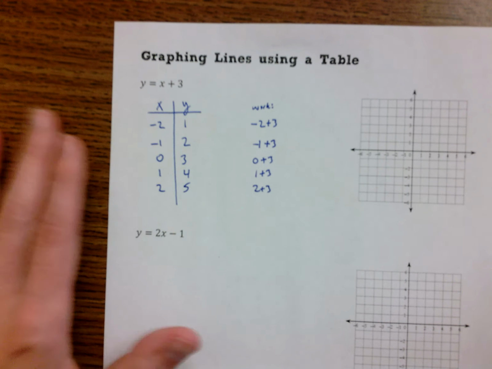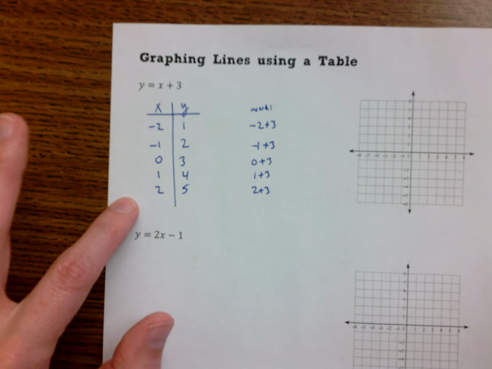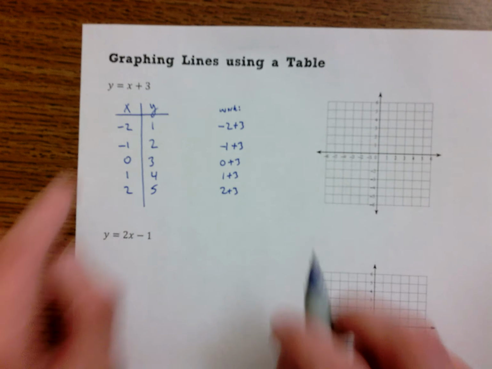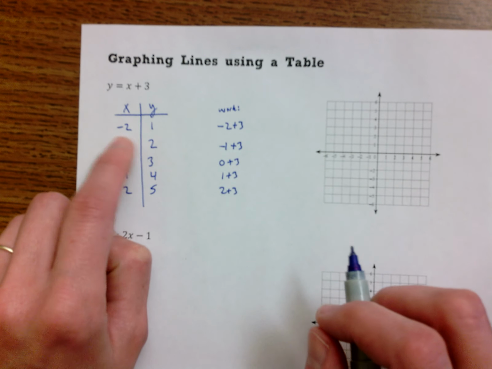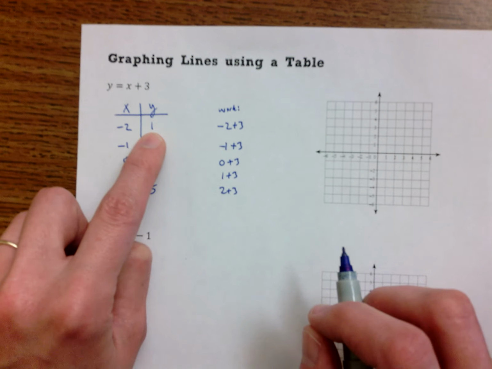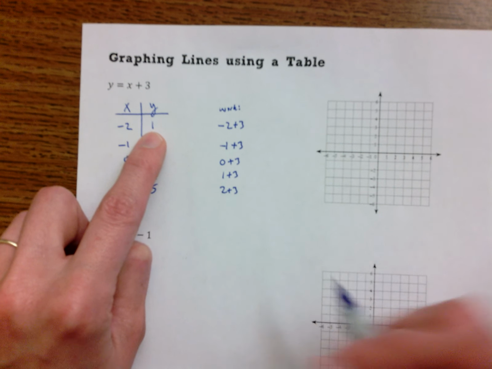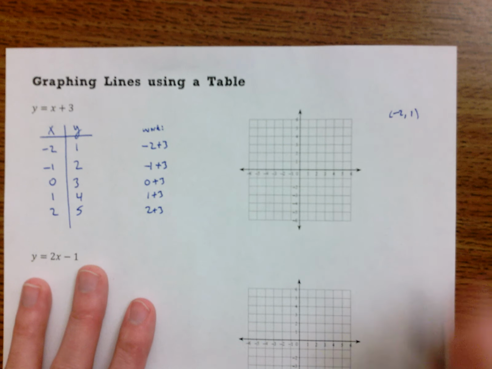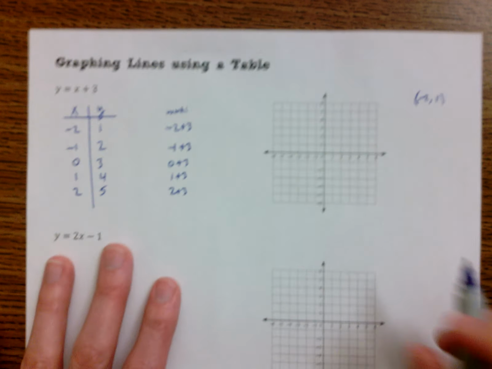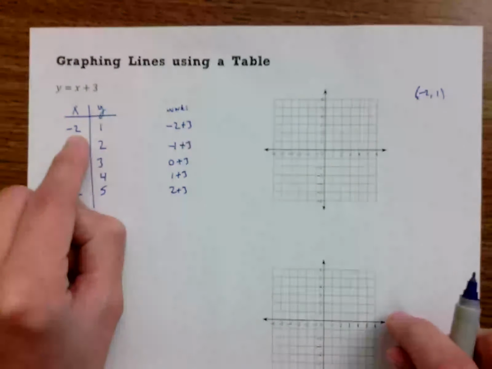All right. Okay, great. So now we've got our little table, and now what I'm going to do is treat each one of these like it's a pair of coordinate points. So -2, 1 is my first point. This is just like if I'd written it as a point, -2, 1, in parentheses. We're just going to plot it. So this tells me to run and then jump.